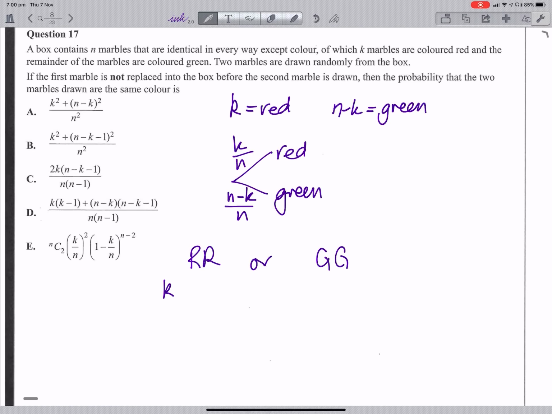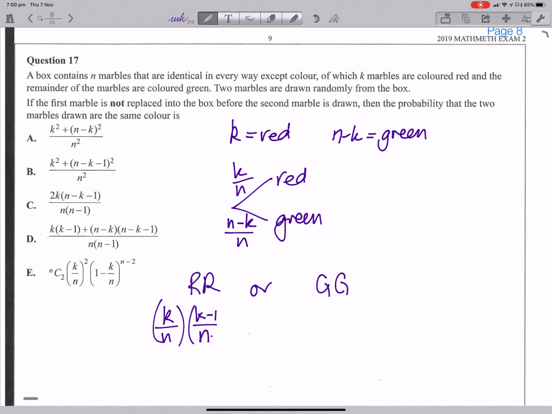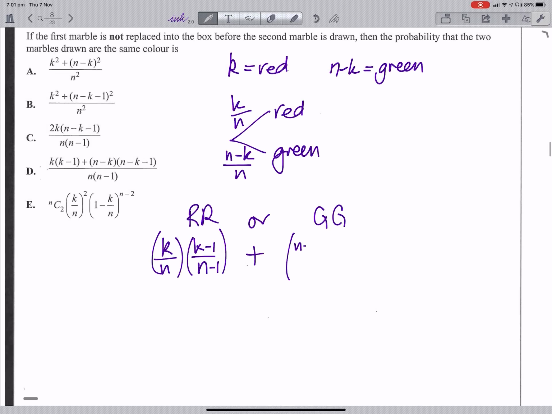So red, red is k on n. It's not replaced, so k on n times k minus 1 on n minus 1. Plus, because it's a different outcome, green is n minus k on n, and then it's n minus k minus 1, because I've got to take 1 away, on n minus 1.